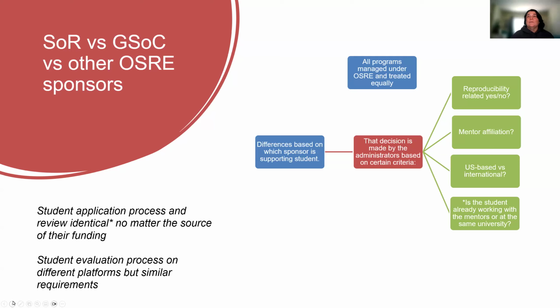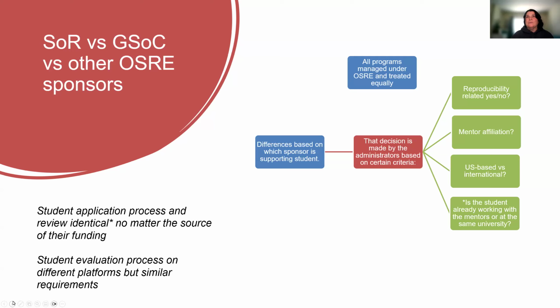Obviously, a lot of the reproducibility ones that don't have kind of a University of California connection end up being under summer reproducibility by virtue of the topic and the issue not fitting GSOC as well. And then whether US-based versus international. Earlier, that was something where I preferred to have those who are outside, like international students, so non-US based students, kind of working through GSOC because their setup is really good for working with people in any country. But we've actually, within UCSC, been able to work that out pretty well too.